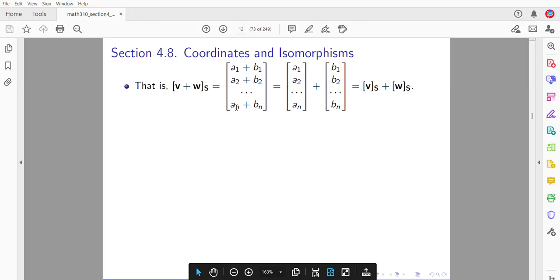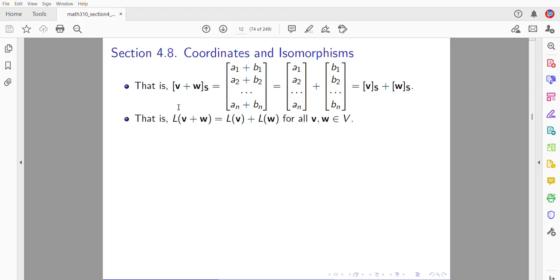On the other hand, this column can be split as this column plus this column. In other words, the coordinate vector of V plus W is the coordinate vector of V plus the coordinate vector of W. So notice this addition is the addition among columns, whereas this addition is the addition among the vectors in V. All right.